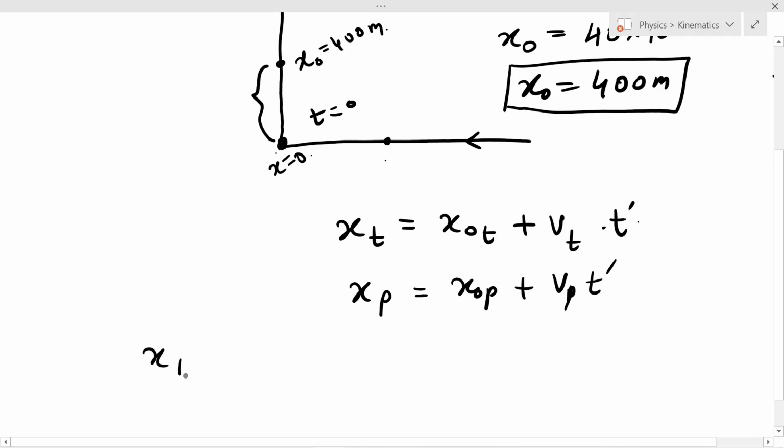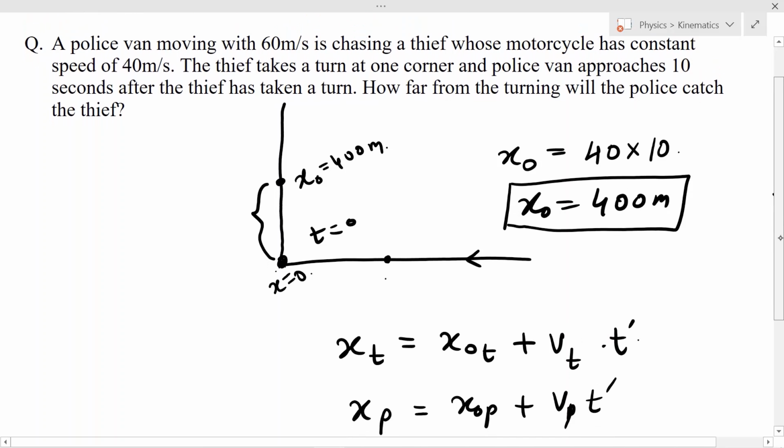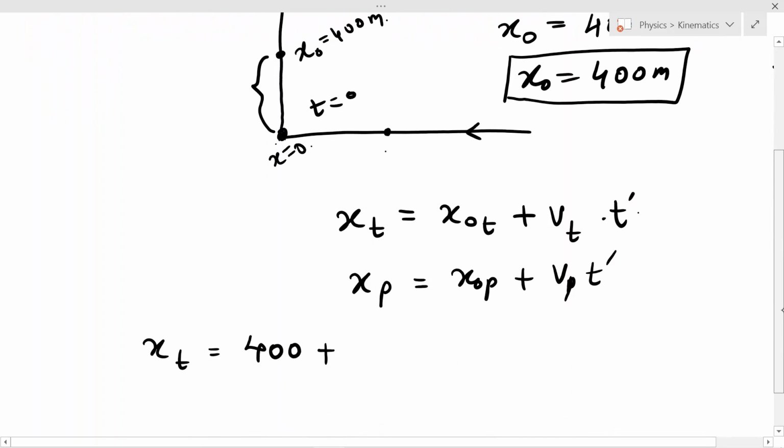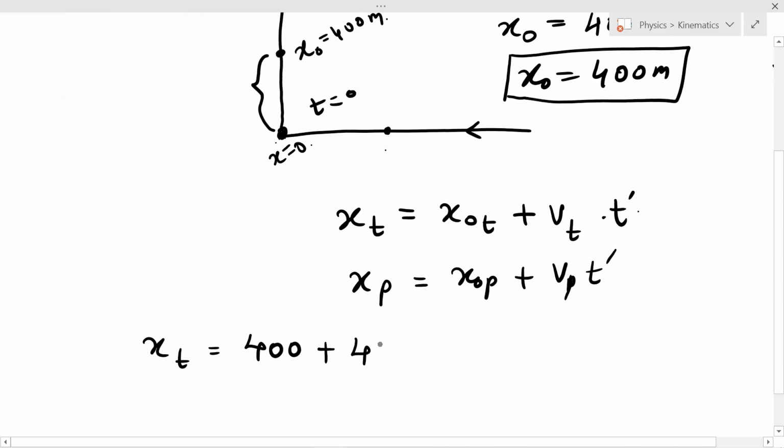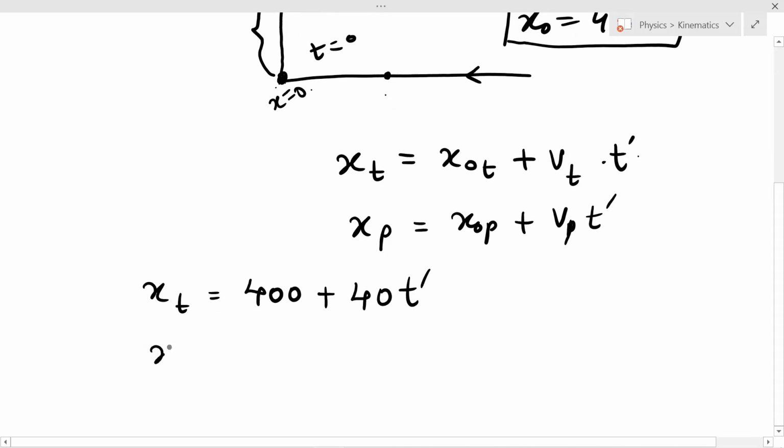Now xt is equal to x0t, which is the position 400 meters. So this is 400 plus vt times t dash. Now vt is the velocity of the thief, which is 40 meter per second. So 40 times t dash. And xp is equal to x0p, which is 0 because the police is at the origin at t equals 0, plus 60 times t dash.